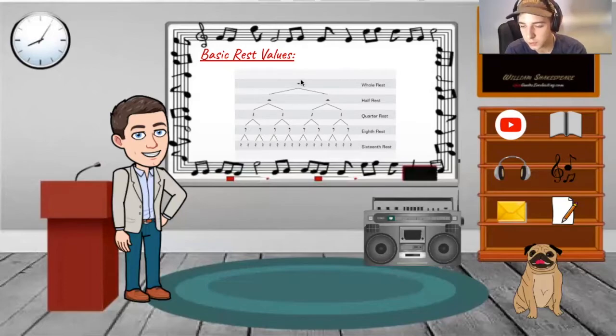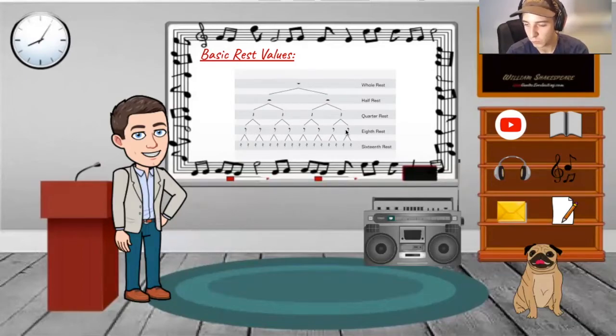So this first one is a whole rest, and you can see that it looks like a little upside down hat going down. Half rest, you just flip it back up, and it's the same note values as half notes. Quarter rest, I really don't even know how to describe some of these symbols, but if you just take a look real closely, it's kind of like an etched lightning bolt 3 shape.